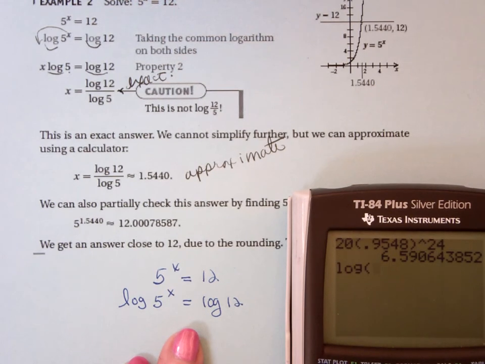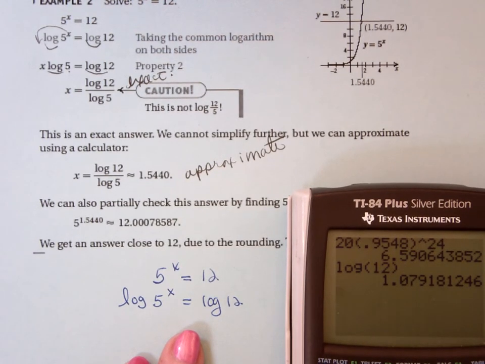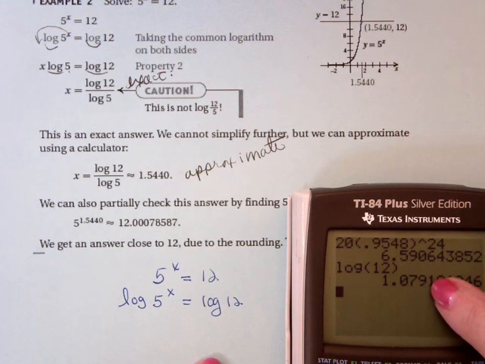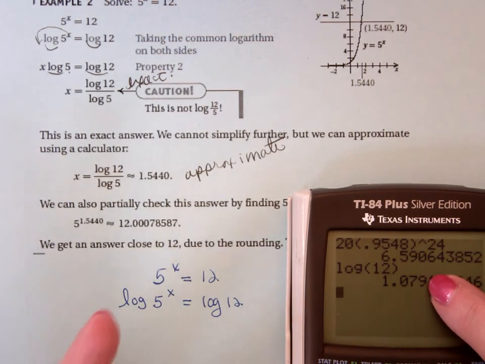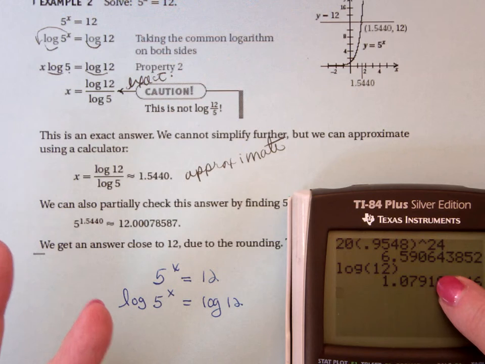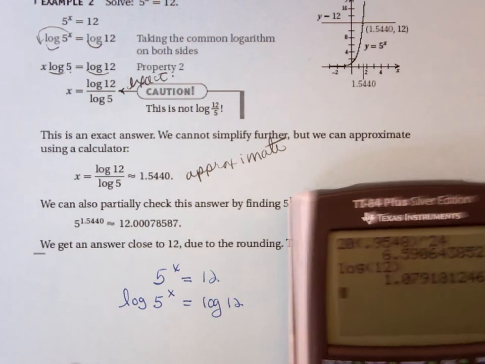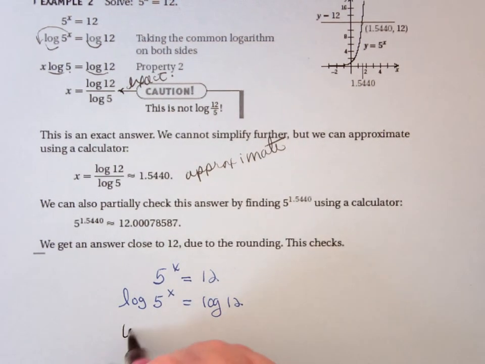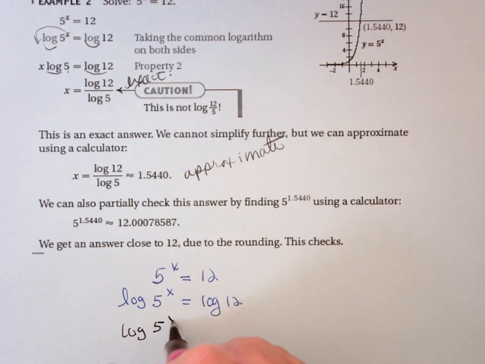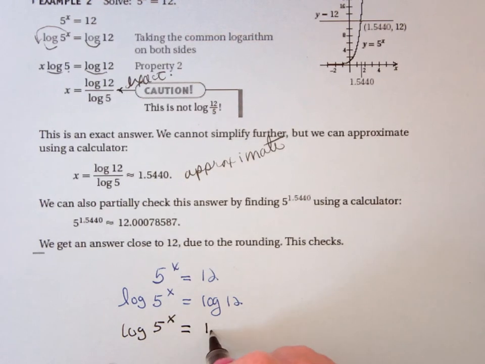So if I take the log of 12, it comes out to be 1.079181246, approximated to about 3 or 4 decimal places, and I could rewrite this equation as the log of 5 to the x equals 1.079.